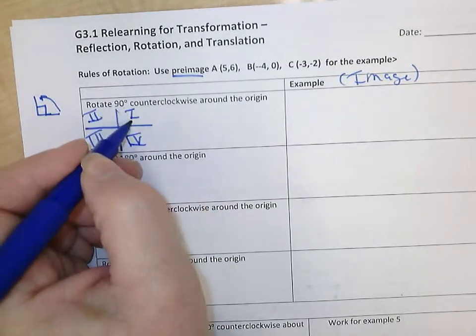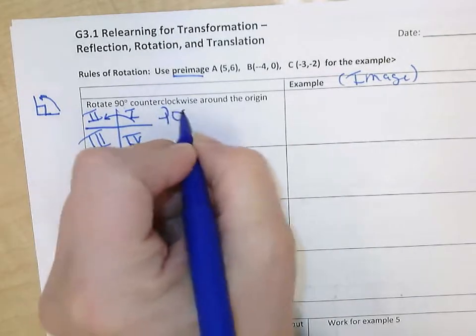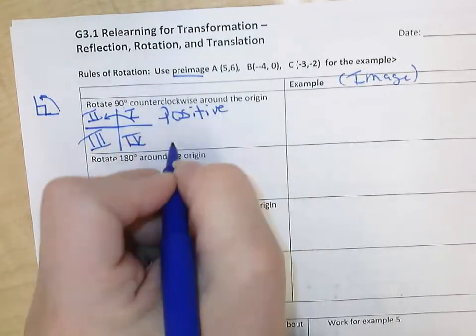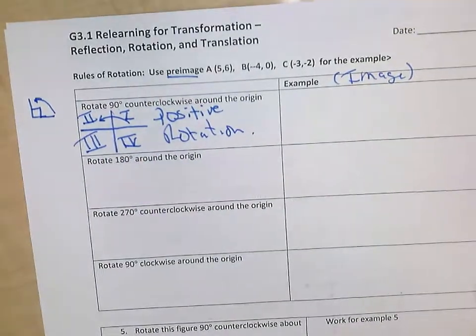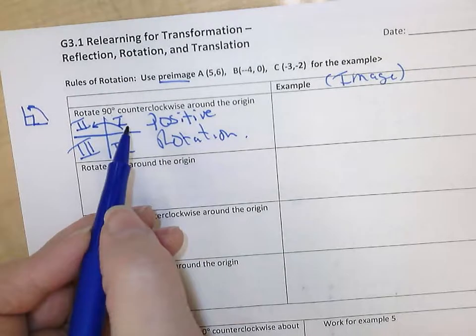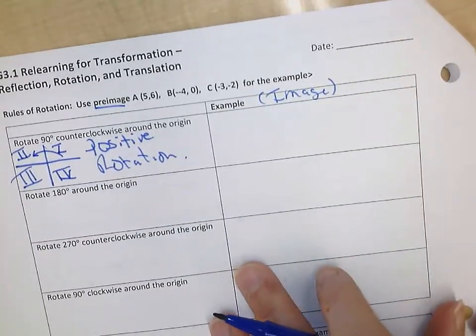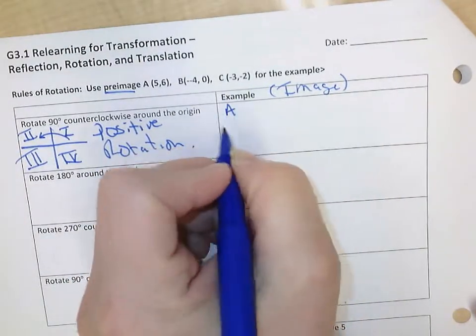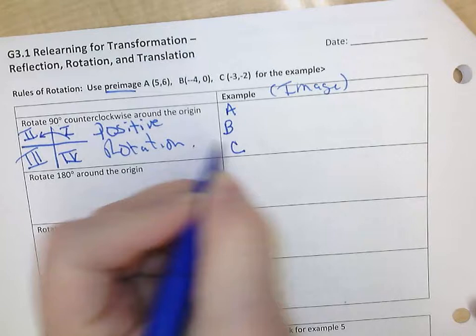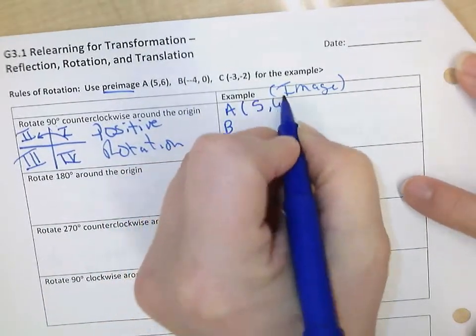If we go counterclockwise, we are going from 1 to 2. This is a positive rotation. A positive rotation, so we're going in a counterclockwise direction. And there's a simple rule that we use to be able to solve this. So I'm going to write my points in here, A, B, and C. Just the ones that we have up here is our pre-image.